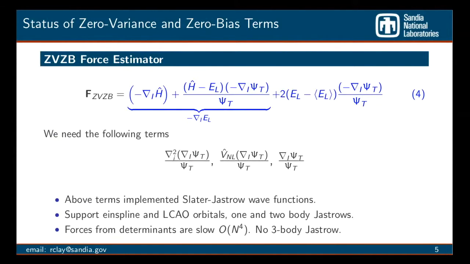Now, the local energy also has a trial wave function in the denominator, but you can convince yourself that local energy is marginally stable, or has marginally finite variance. One more factor of a nodal divergence in that denominator ruins everyone's day.